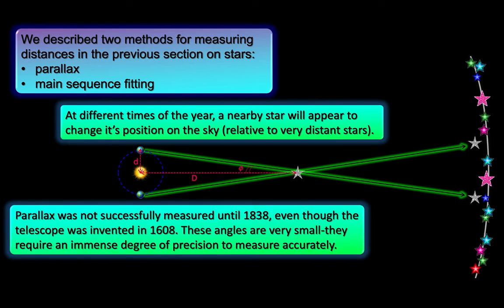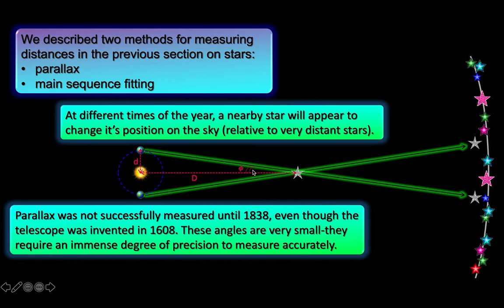Even though the telescope was invented in 1608, and by 1610, Galileo was using a telescope for doing astronomy, parallax was not successfully measured until 1838, over 200 years after the telescope was invented. The angle that nearby stars appear to shift is incredibly, incredibly small.